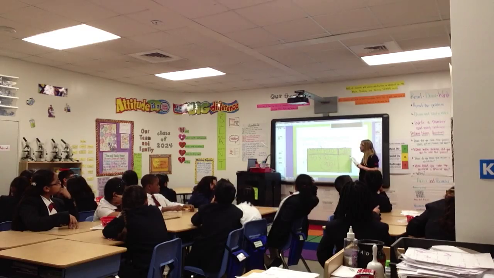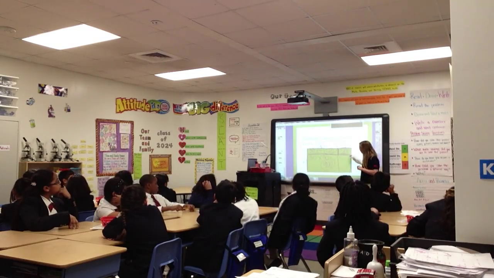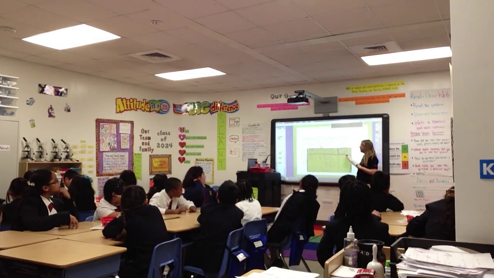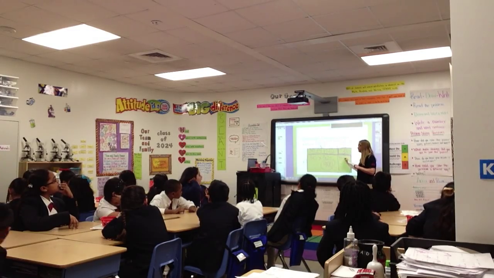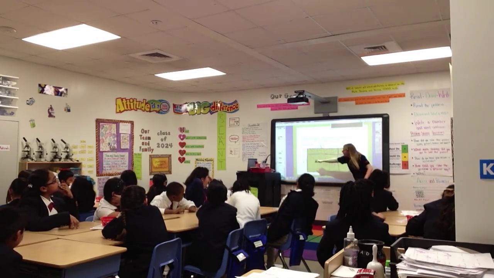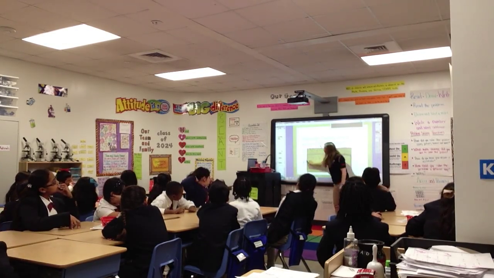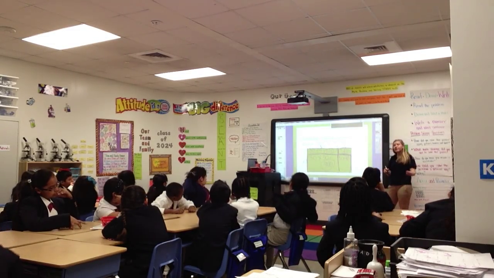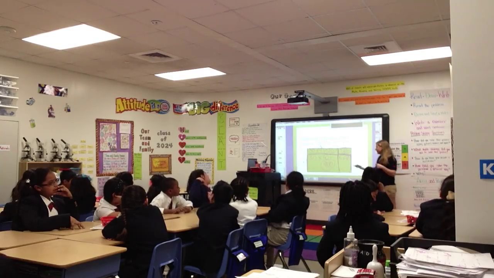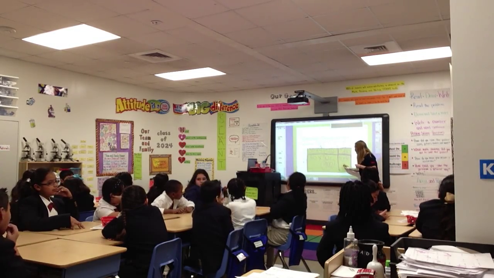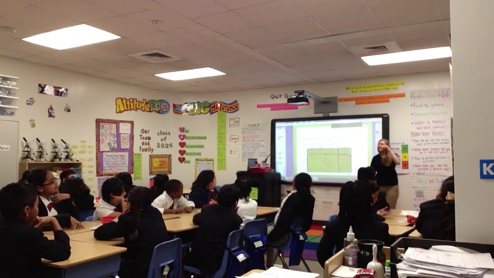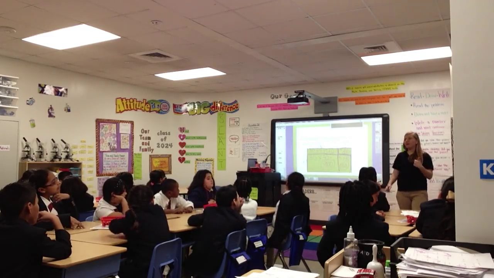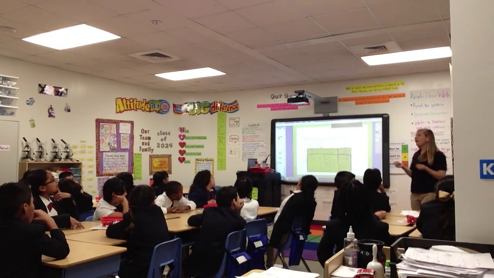I have this length times this width. What is this one? 5 times 30. I got that from right over here. 30. And 5 times 30 equals 150. 150.